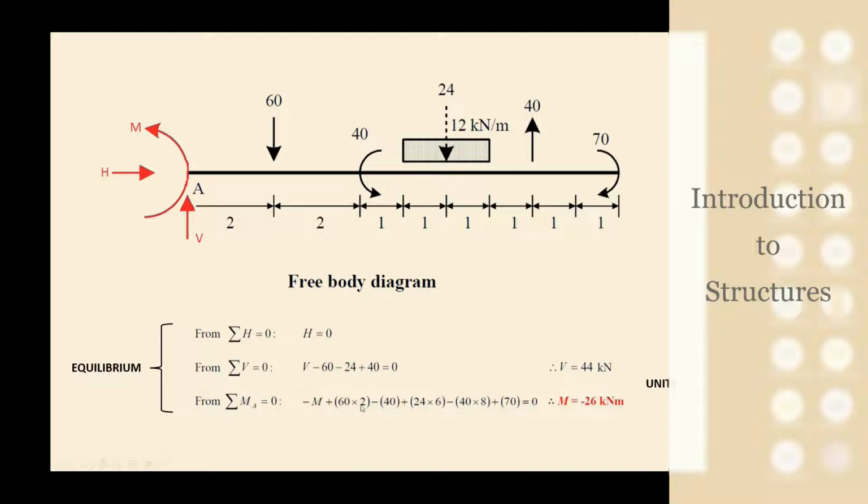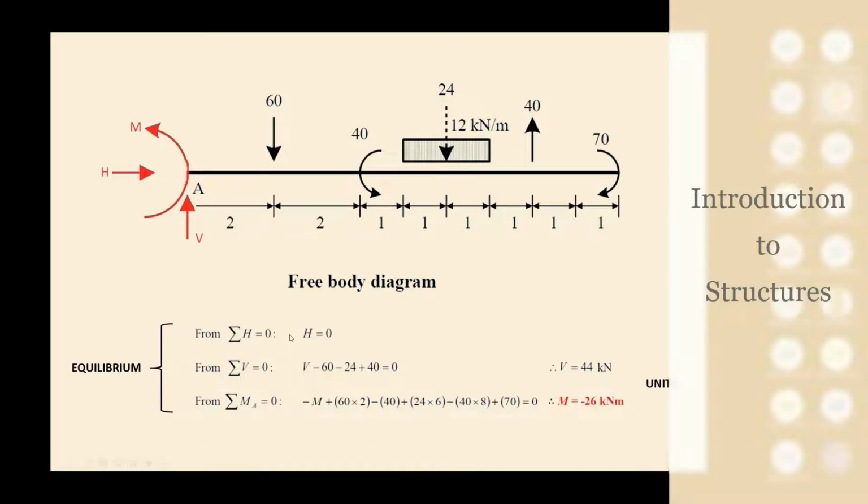This product, kilonewton meters, is a moment, and it's a positive moment because this force produces a clockwise rotation around the point A. The next moment is the one applied at this point in particular, 40, but it's negative because it's anti-clockwise. This is the reason why this 40 is negative in your equation.